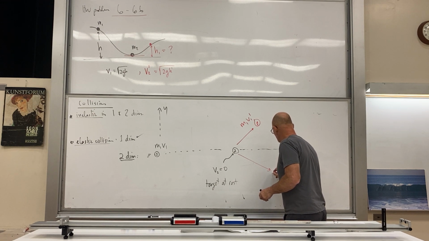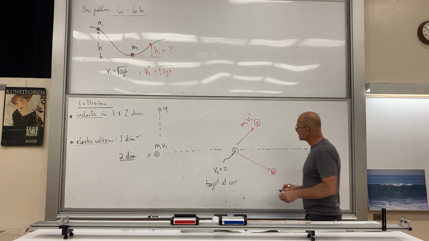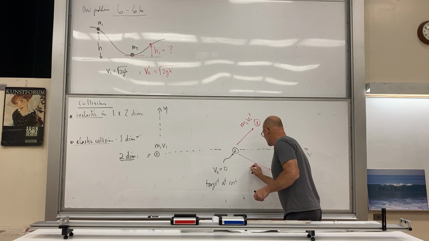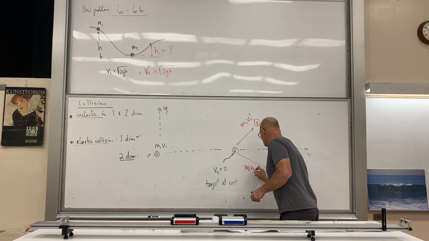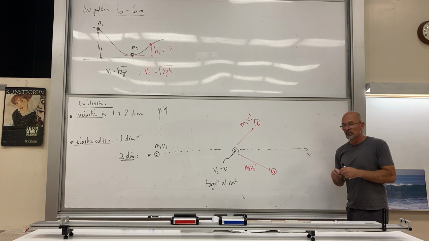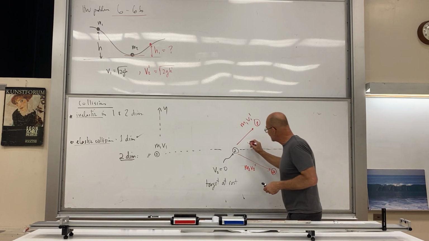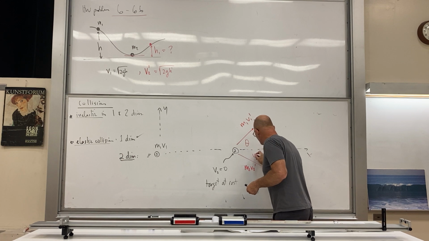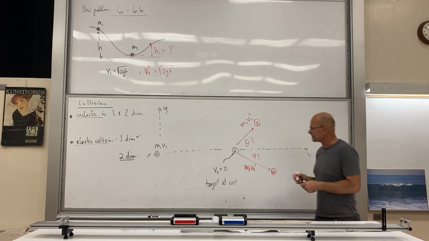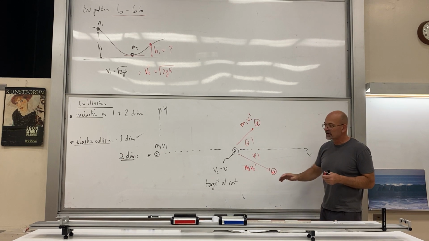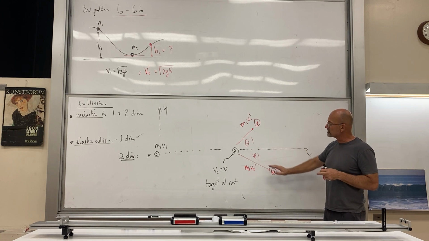So here's 2 after the collision, and we have M2 V2 prime. Well, you'll see what's going on. There are some angles characterizing this, so let's go ahead and call this one theta and this one phi. And now we can set up our momentum and conservation equations.